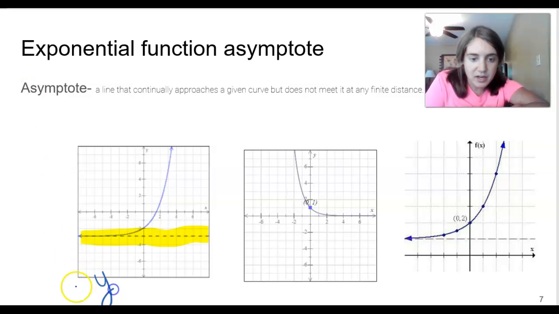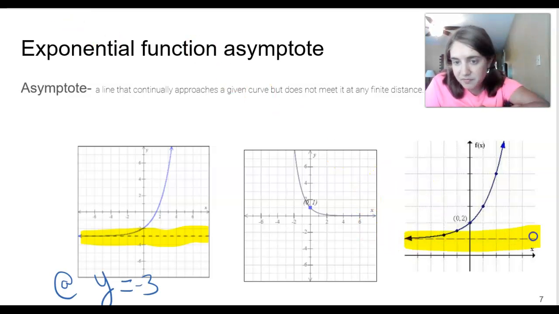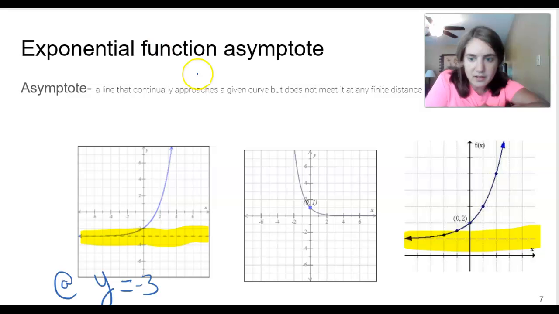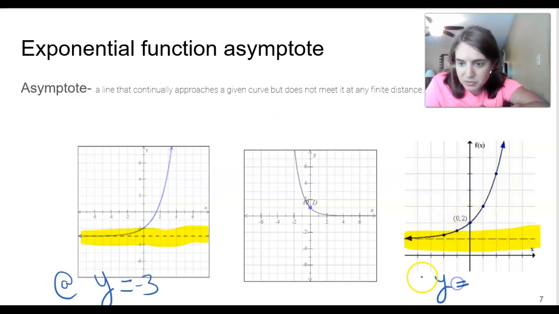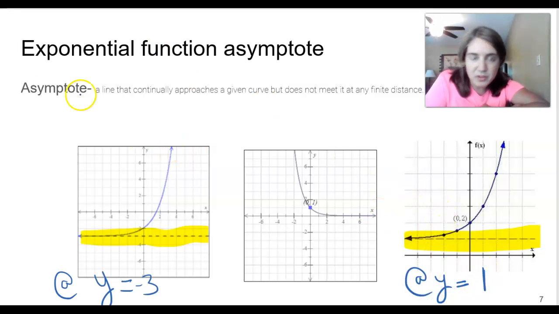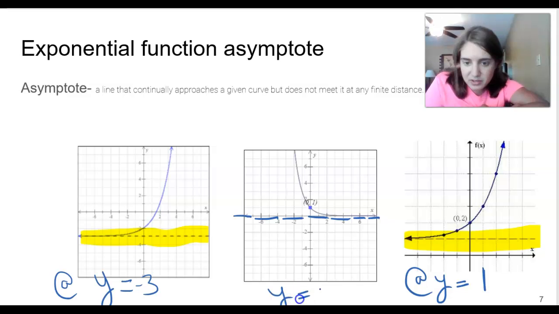So it's at y equals -3. Here it's at y equals 1. It's kind of hard to see here, but it's there. So y equals 0. So we're going to keep this in mind as we go on.